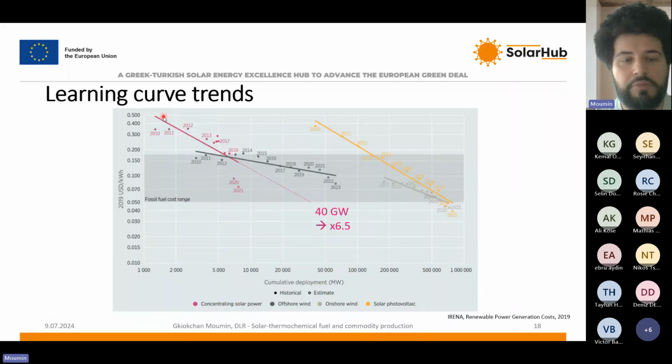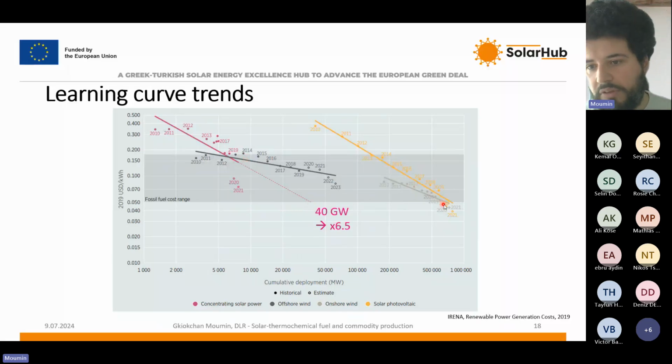So if you would install more and more CSP, you would also reach these costs. So the technology itself shows a high potential, let's say, for cost reductions. But to reach the same level as PV, again, this is without considering the storage, because if we consider the storage, CSP is already competitive. But to reach the same numbers, it would have to be scaled up by a factor of 6.5 and reach 40 gigawatt of installations.